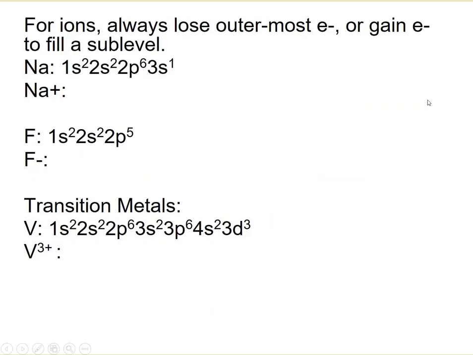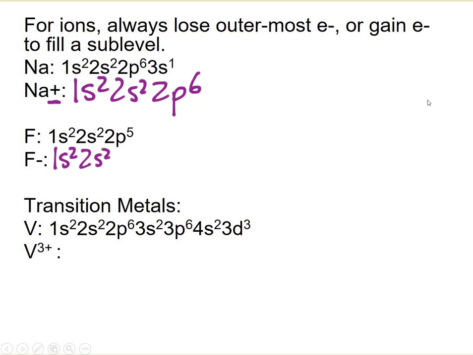So again, for ions, you always lose the outermost electrons, or if you're gaining electrons, you gain electrons to fill a sublevel. So we just did this one, 1s2, 2s2, 2p6. That would give me the +1 charge, so I just leave 1 electron off. And my ion, 1s2, 2s2, 2p6.